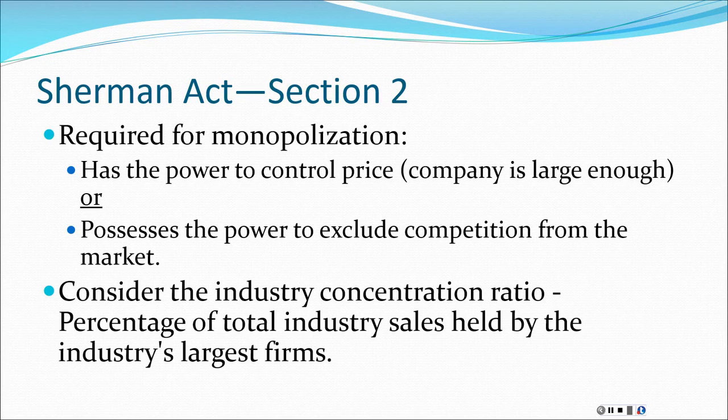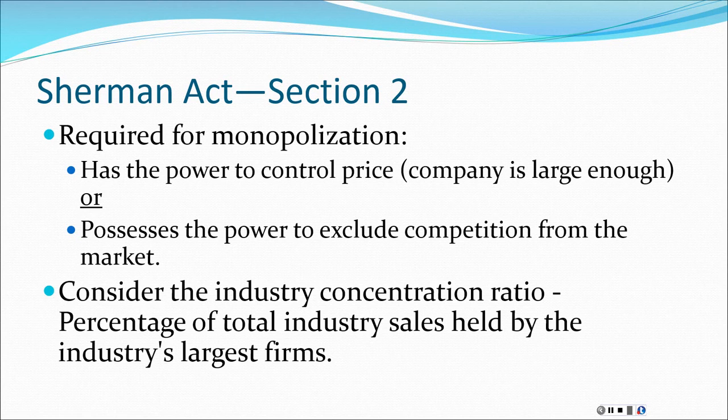So, in making this determination of who is a monopolist and who is not, you have to look at the market itself. You consider the industry concentration ratio, the percentage of the total sales held by the industry's largest firms.